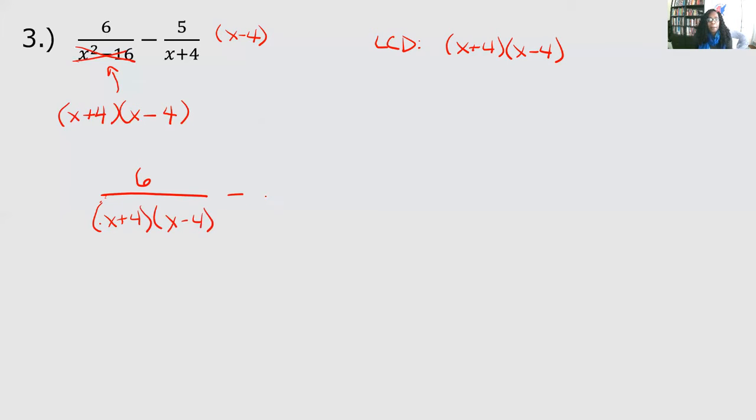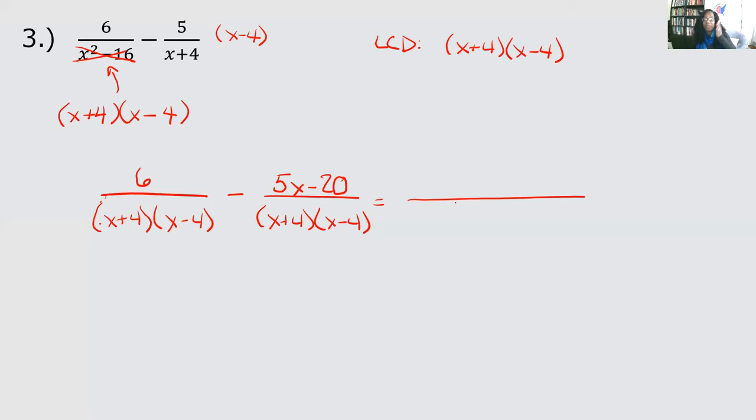But now, knowing that my denominator is going to be x plus 4 and x minus 4, I need to multiply my numerator, that 5, to that x minus 4, which gives me 5x minus 20. So now, we're subtracting. We can do either keep, change, switch, or you can keep along, because remember, you are subtracting.